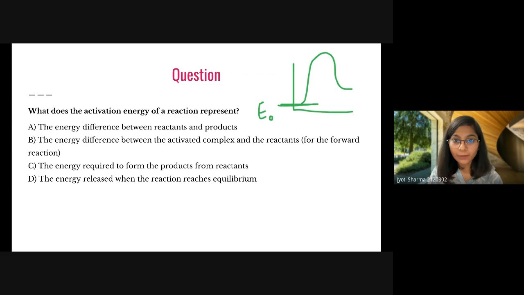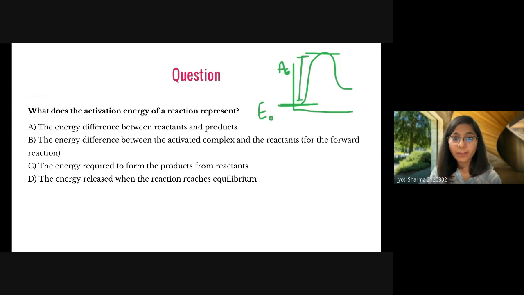Then this is the activation energy, AE. So this is the energy that we need to form the complex, and then this will go down.